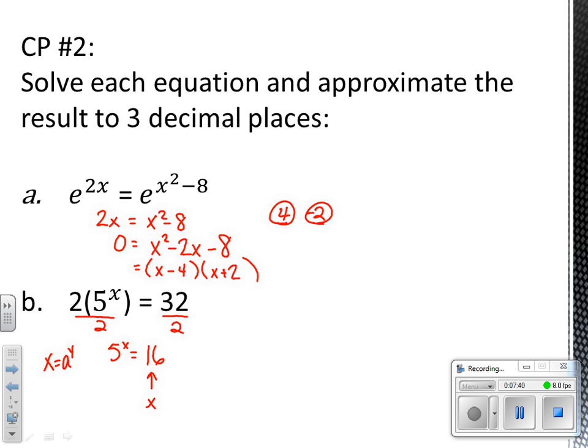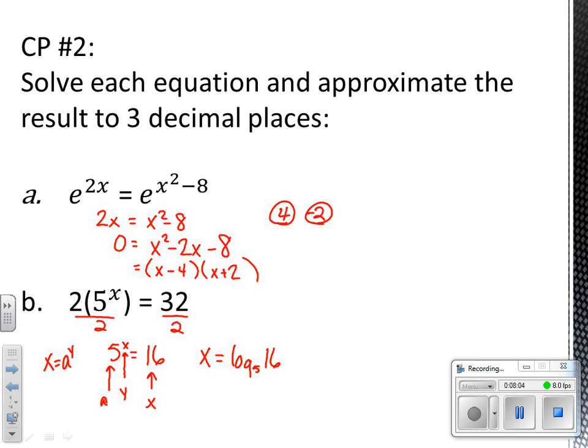So the 16 is my x, this is my a, and even though it's an x sitting there, that's in the y spot. So when I rewrite this into the other form, I'm going to get x, which technically is in the y spot, is equal to log base 5 of 16.